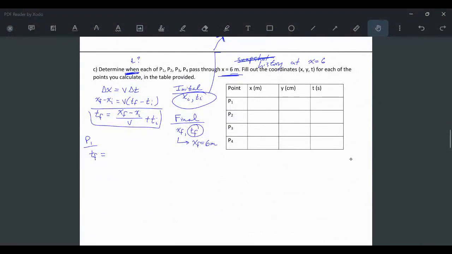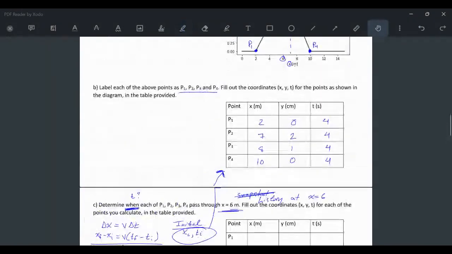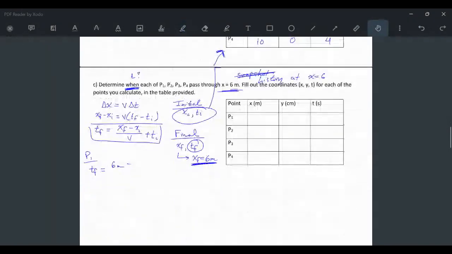So the point we're trying to end up at is x equals 6. That's what we denoted here: xf is always going to be 6. It started out at x equals 2. As we said, all of our initial conditions are on the previous page.